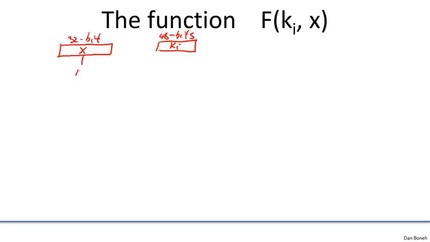The first thing it does is go through an expansion box, which takes 32 bits and maps them into 48 bits. All the expansion box does is replicate some bits and move other bits around. For example, bit number 1 of X is replicated into positions 2 and 48 in the output.